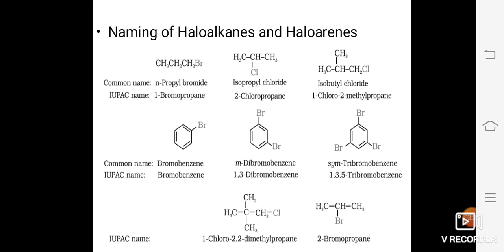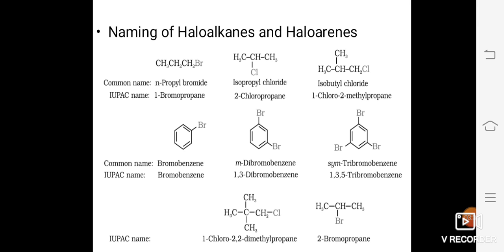In the next example, we have a benzene ring, and one of the hydrogen atoms is replaced by bromine. The common name is bromobenzene, and the IUPAC name is bromobenzene.